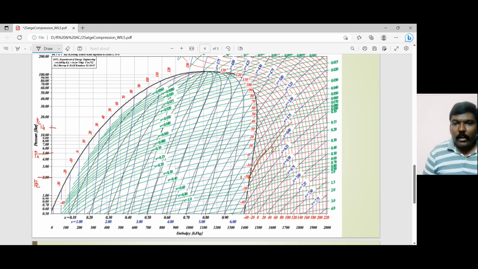Okay, and then according to the problem statement, here I have my red color lines that are dropping down. Those are the 30 degree centigrade lines. Okay, so here I have my 30 degree centigrade line, which is coming over here.